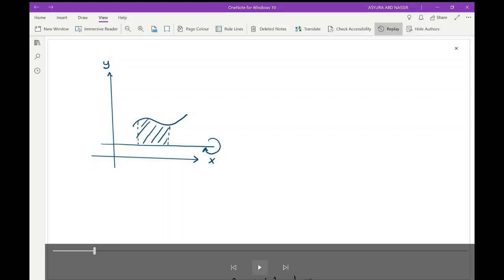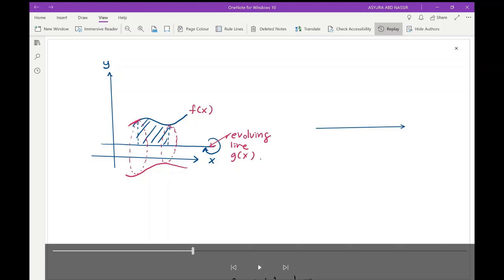The revolving line is parallel to the x-axis for this case. So it is rotating on the revolving line here.